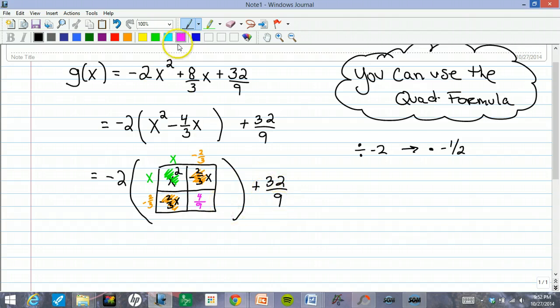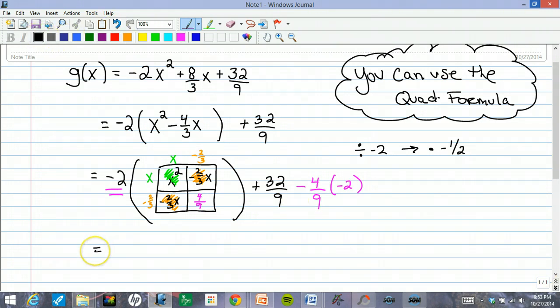Biggest thing about completing a square, if we add it, to keep it balanced we subtract it. And actually, we didn't add it to a group. We added it to, this seems strange, the opposite of 2 groups. So we need to multiply this by negative 2. Always multiply by your a value. So let's see what we get.